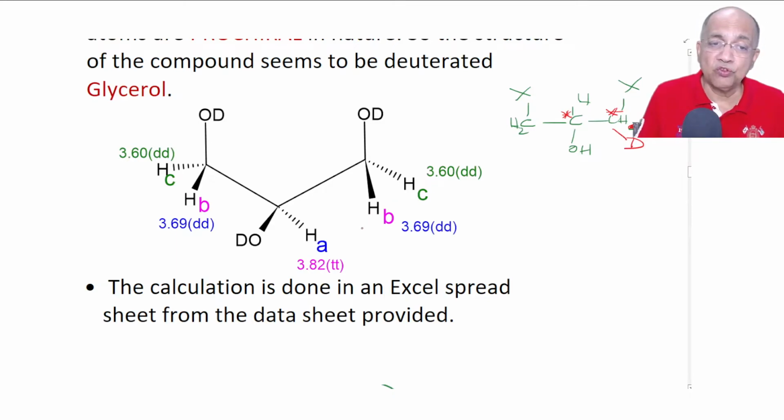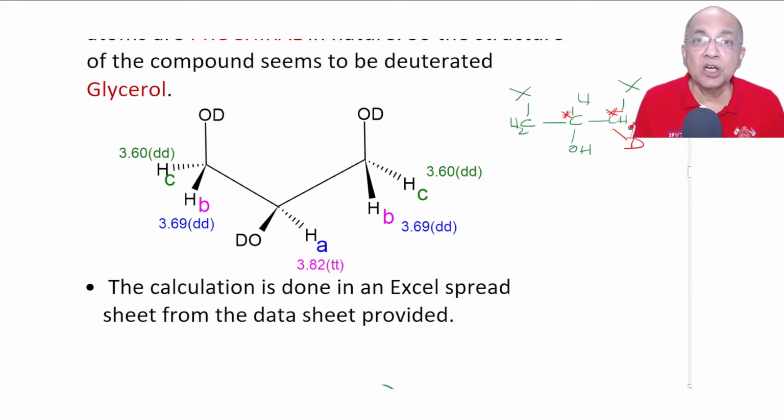But since JAB is different from JAC, supposing JAB is greater, say 7, it will be splitting into a theoretical triplet by these two, and each of the components will be split into another triplet each by these two equivalent protons. So it will be a triplet of triplets containing 9 lines, right?